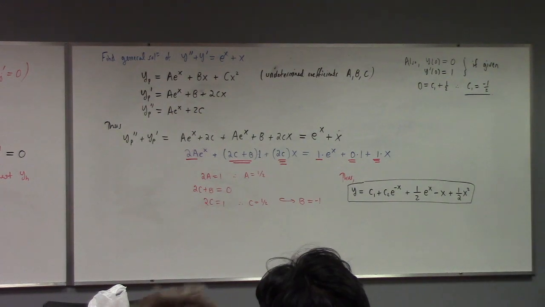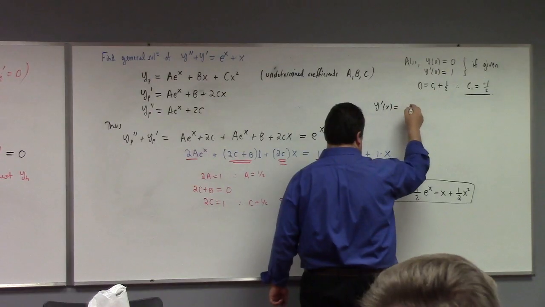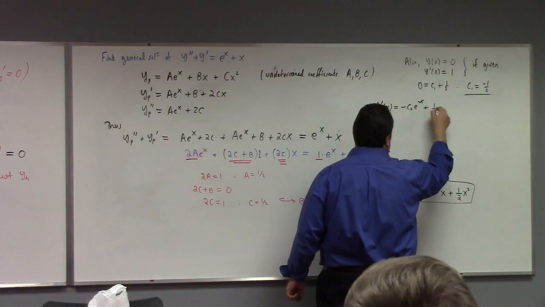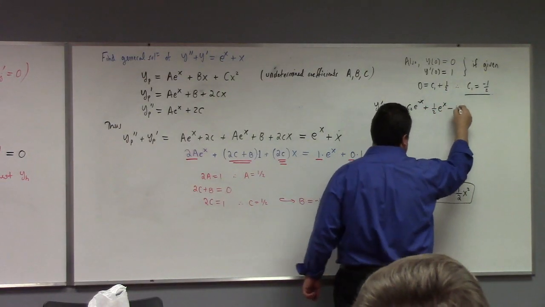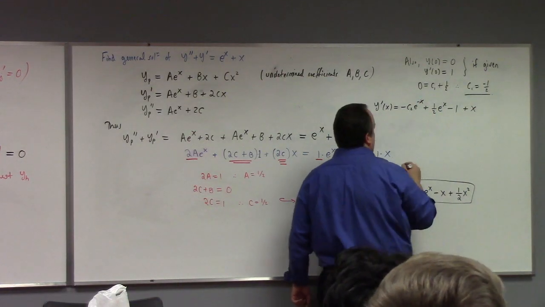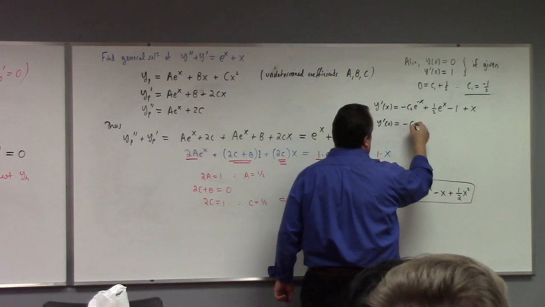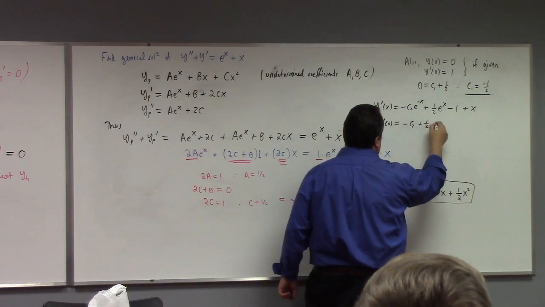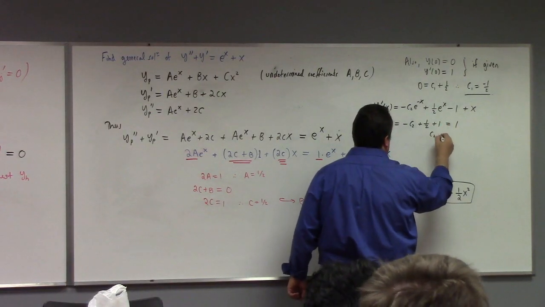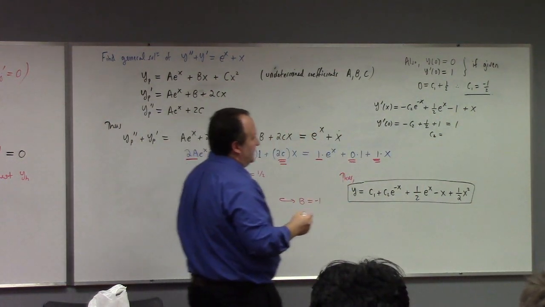And then what's y prime? If I differentiate, I get that. And then y prime of 0 would be minus C2 plus a half plus 1 equals 1, which would tell me that C2 is, if I haven't made a mistake, a half.